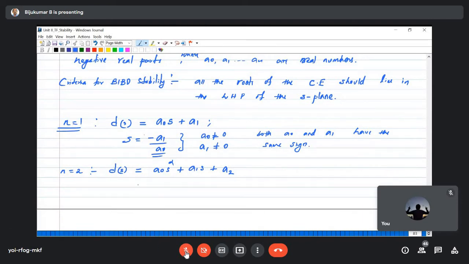From this, we can understand that if a0, a1 and a2 are non-zero and of the same sign, then the polynomial is a Hurwitz polynomial.